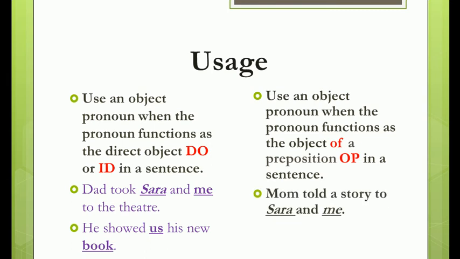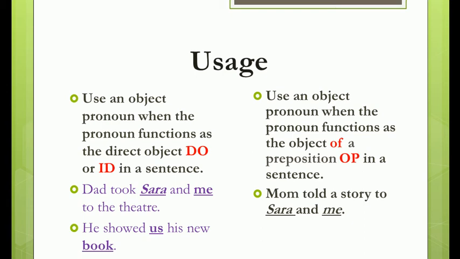Let's see, yes, I really have a sentence. Mom told the story to Sarah and me. If it was another way, Mom told Sarah and me a story, it would be direct and indirect. But because I have the word to over here as a preposition, I cannot say that I have direct or indirect objects.